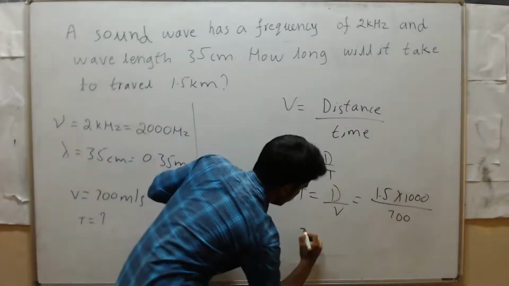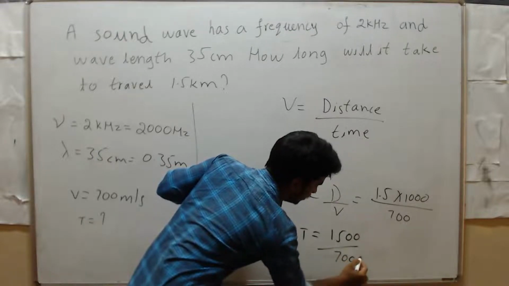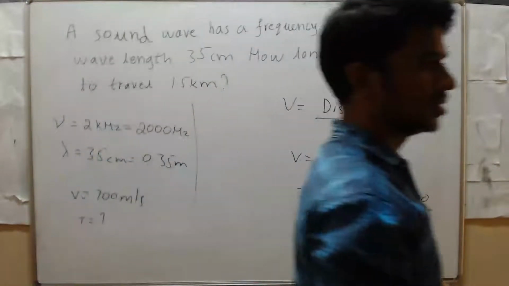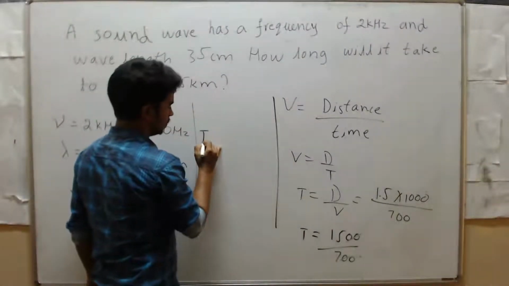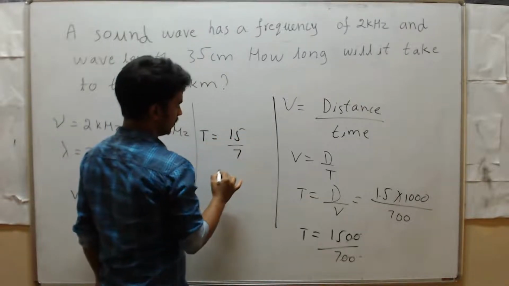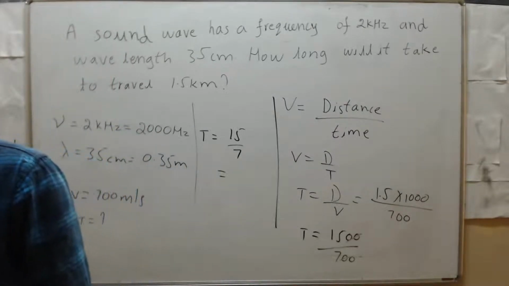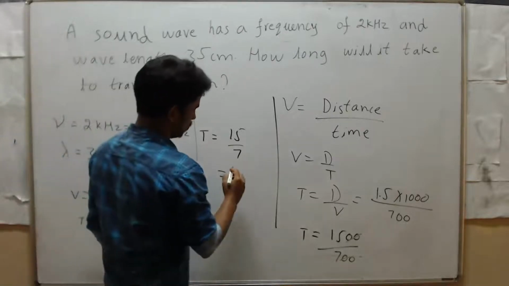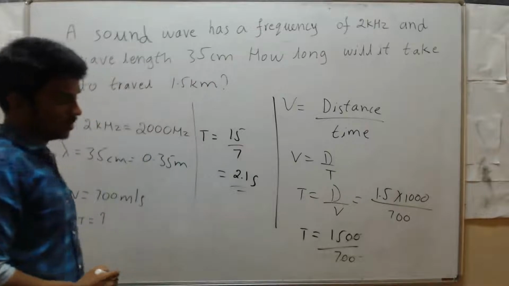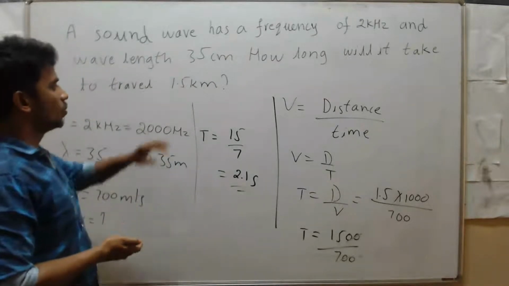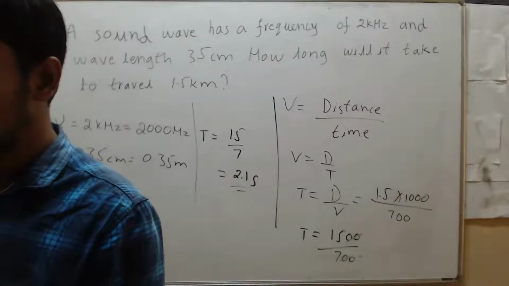When you multiply and cancel, finally you get t equal to 15 by 7, that is 2.1 seconds. The speed of sound is 700 meter per second, so to cover 1.5 kilometer, it will take 2.1 seconds.